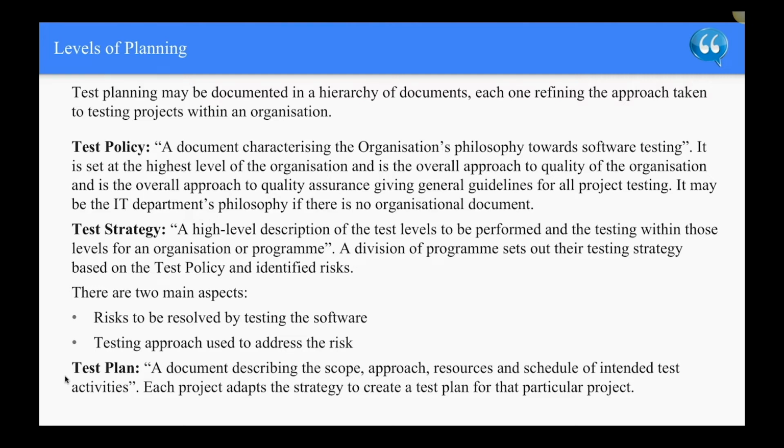There are two main aspects: the risks to be resolved by testing the software, and a testing approach used to address the risks. And the test plan is, quote, a document describing the scope, approach, resources, and the schedule of the intended test activities. Each project adapts the strategy to create a test plan for that particular project.